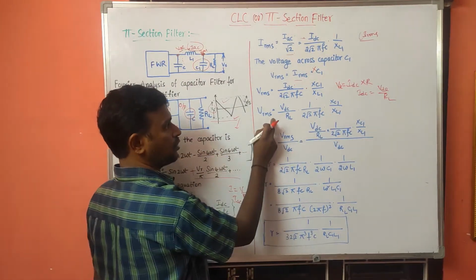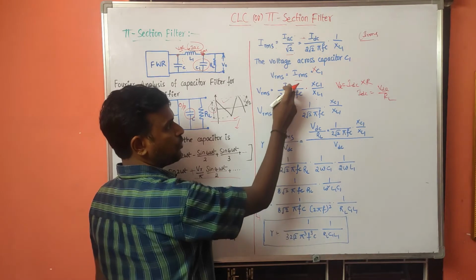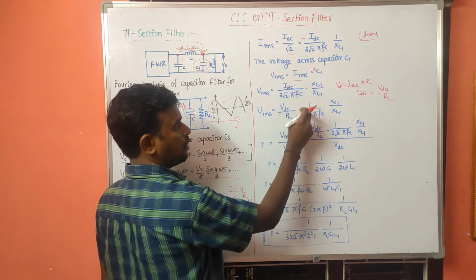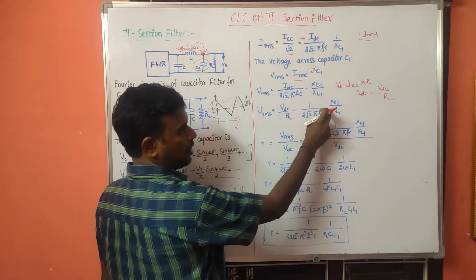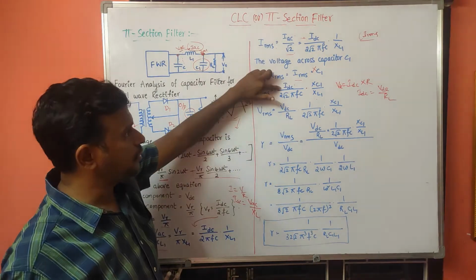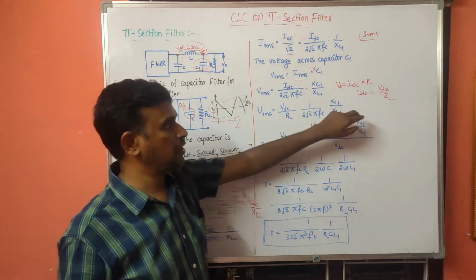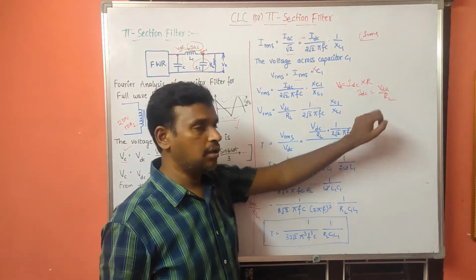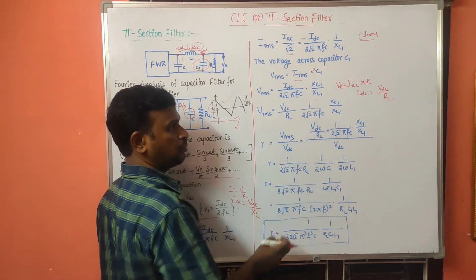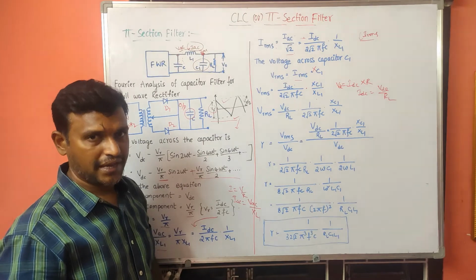So what you will get here: VRMS is equal to VDC by RL, and the constant term is there, that is 1 by 2 root 2 pi FC, and XC1 by XL1 as it is. So what I did here is replace IDC with VDC by RL. Therefore VDC by RL multiplied by 1 by 2 root 2 pi FC, XC1 by XL1.